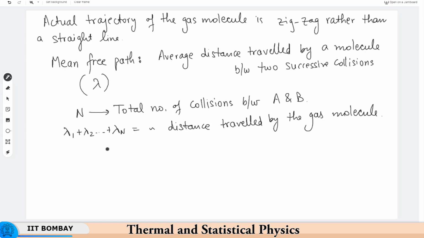So, clearly we can write down lambda as follows: this is just total distance travelled divided by total number of collisions. This is a simple definition of the mean free path.